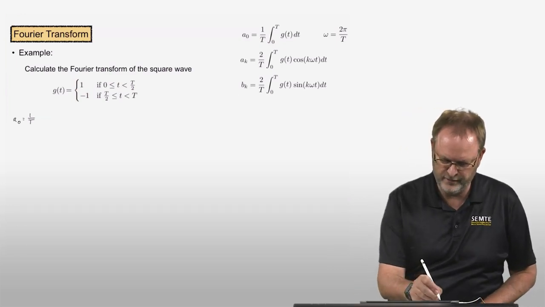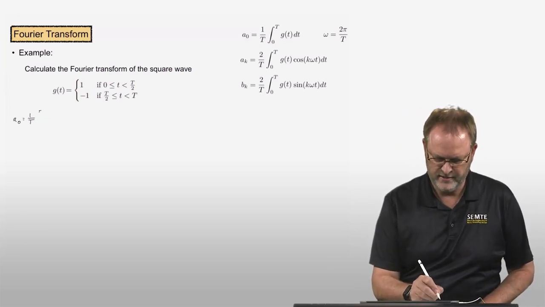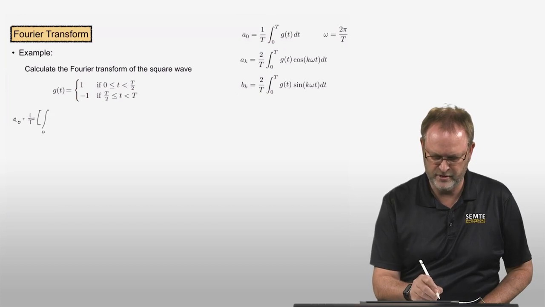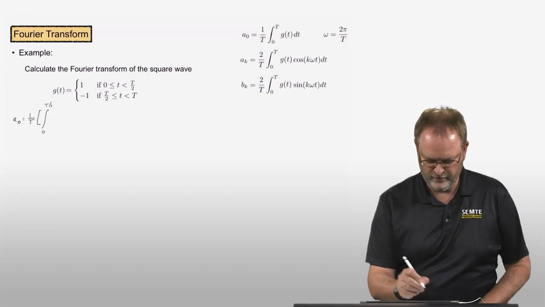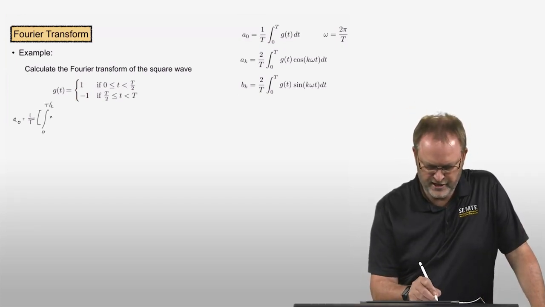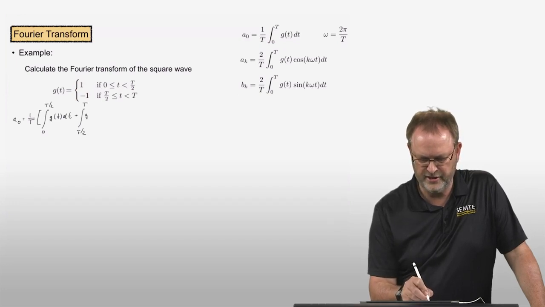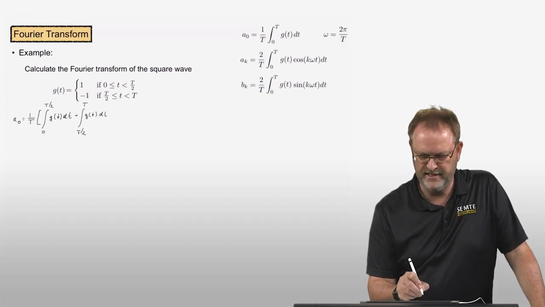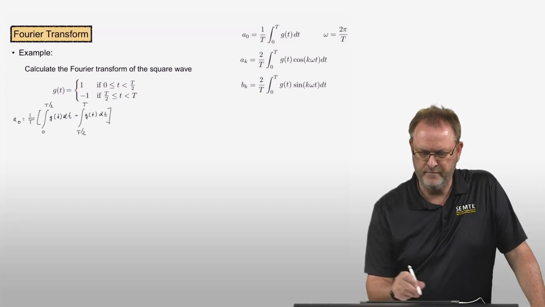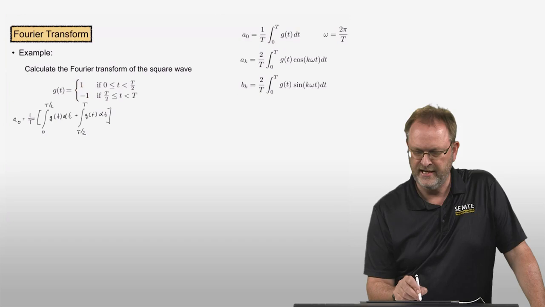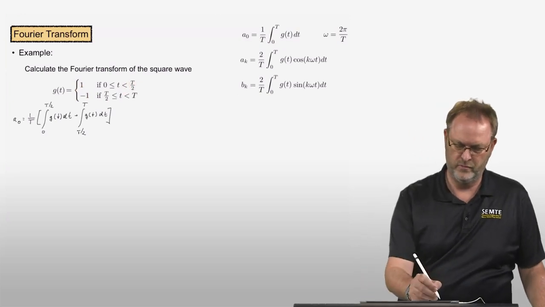So we do 1 over T, the first part, integral from 0 to T over 2 of g of t dt, plus the second part from T over 2 to T of g of t dt. And that's just because there is a switch in the definition of g of t at T over 2.